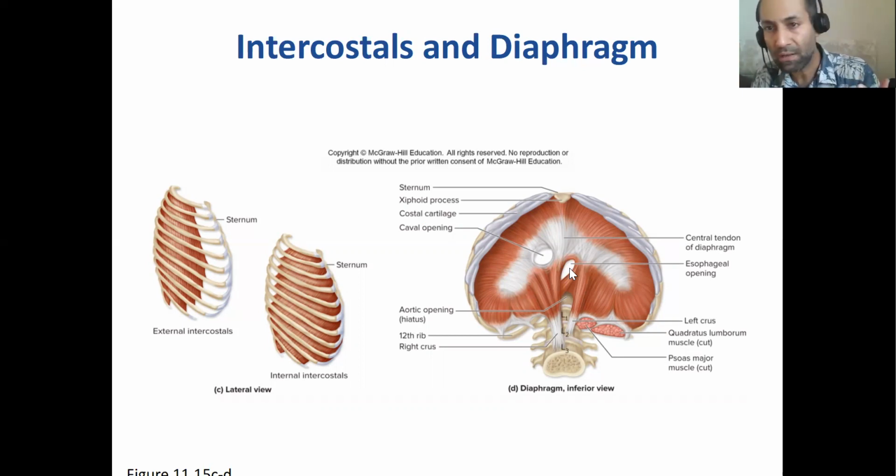So the development is not completed to the point where this opening for the esophagus is larger in size than it should be. And if that is the case, then part of your stomach actually protrudes through this hole upwards into your chest. All right. And so that is what a hiatal hernia is, part of your stomach protruding through the esophageal opening into your chest.